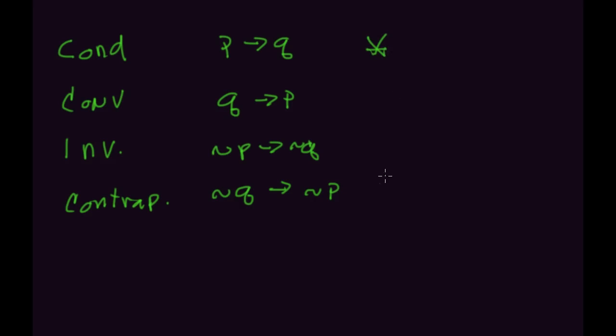The conditional and the contrapositive must have the same truth values. Likewise, the converse and the inverse must have the same truth values. So there's your summary of our lesson, and we'll go from there.